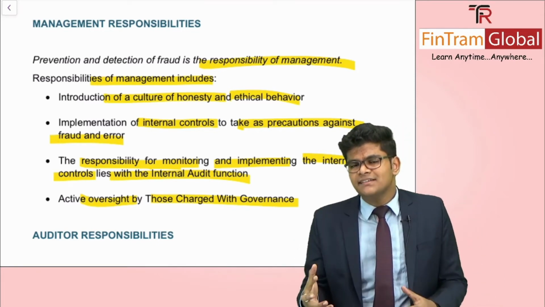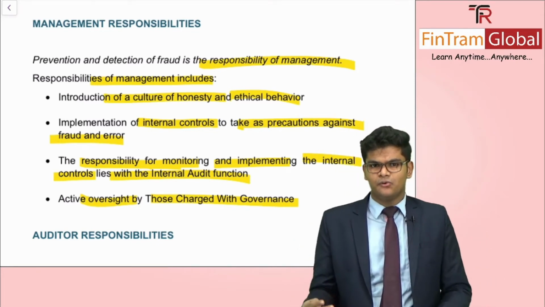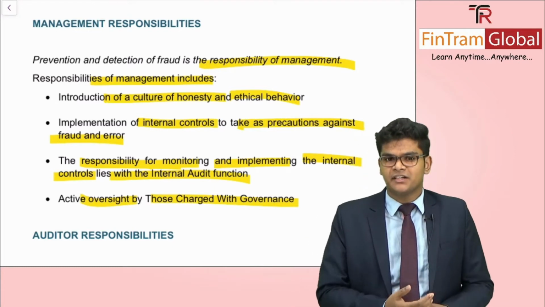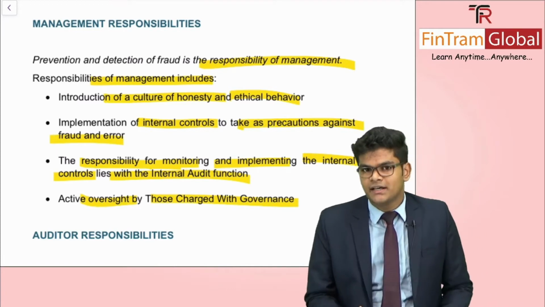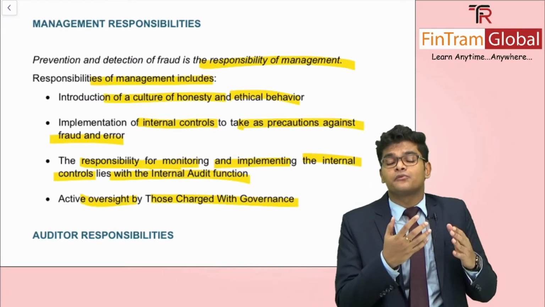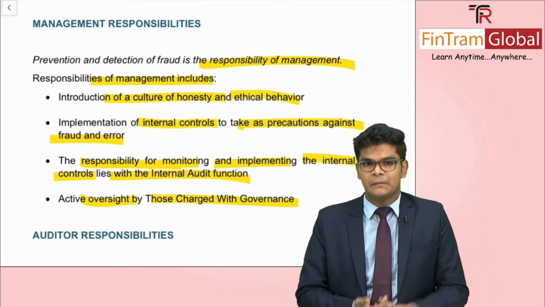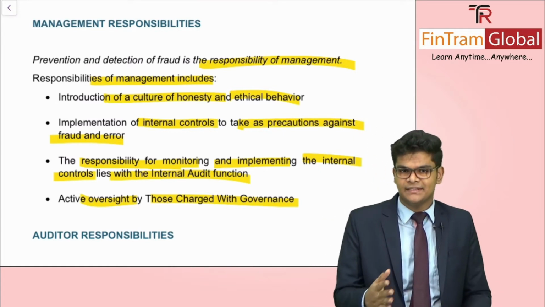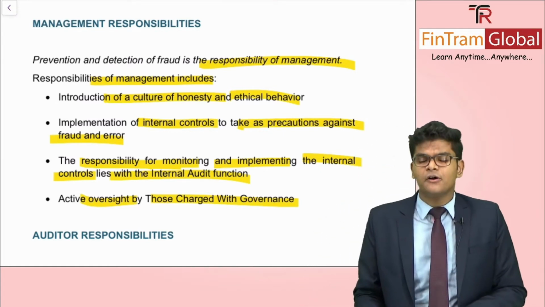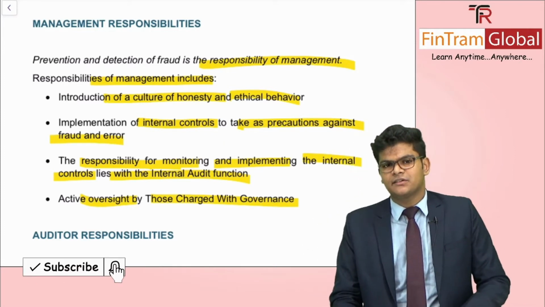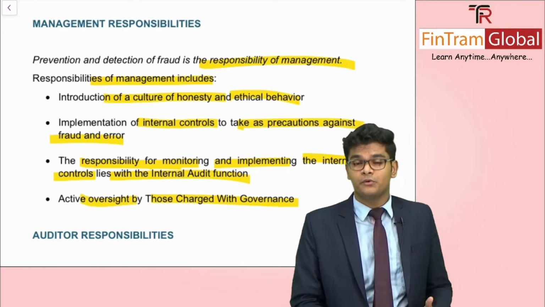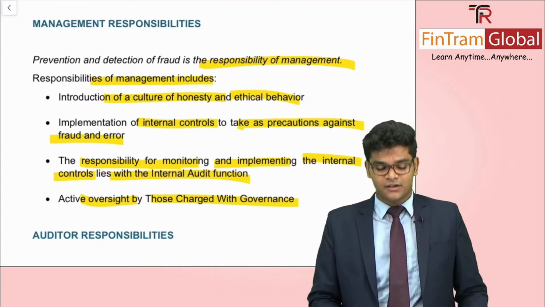So by having the key executives of the organization overseeing the financial reporting process as well as the internal control systems, etc., we can make sure that there is no fraud or error activity happening within the process, isn't it? So that's basically the idea mentioned here. Okay, folks, there should be active oversight conducted by those charged with governance, which are basically the key executives such as CEOs, CFOs, board of directors, chairmen, etc. Okay, folks, you can remember that.